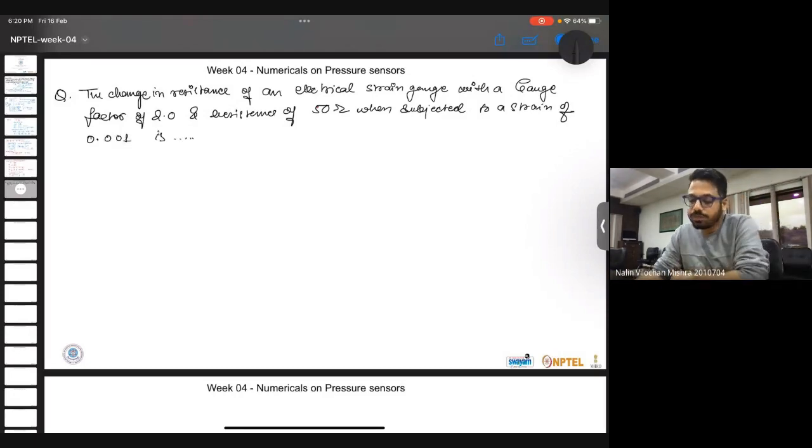So you need to determine the value of delta R.